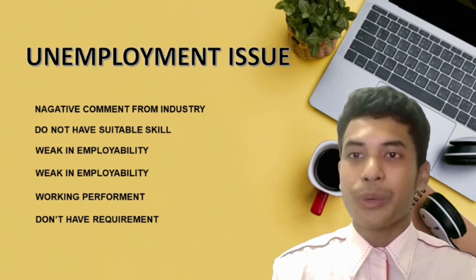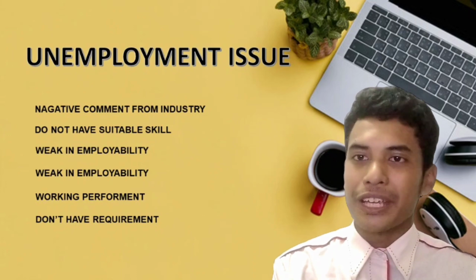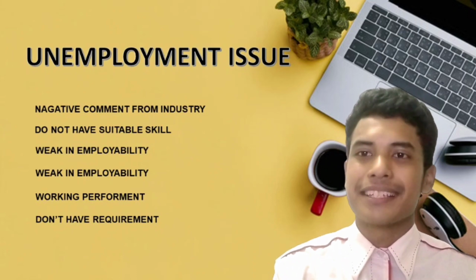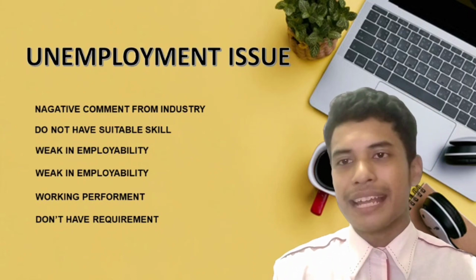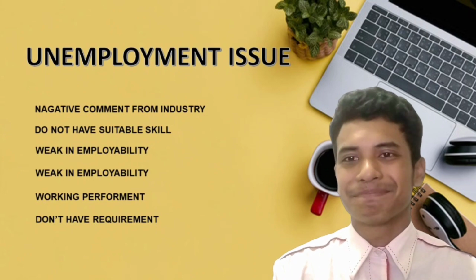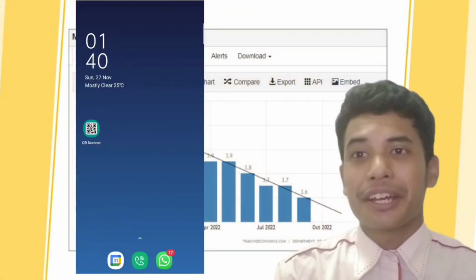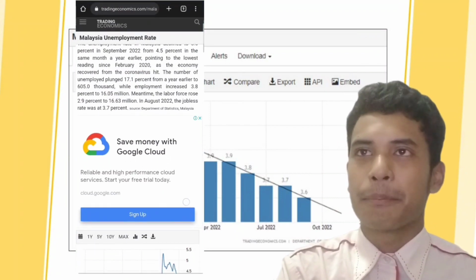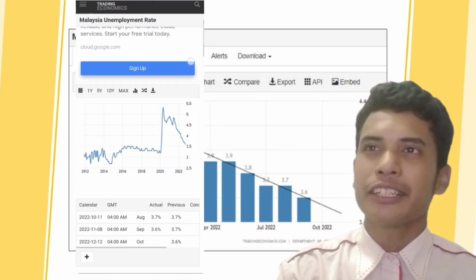So I will show the chart to prove that the unemployment issue is getting bigger. So let's move to the chart. Alright, the chart I have taken is from Trading Economics, Malaysia unemployment rate.